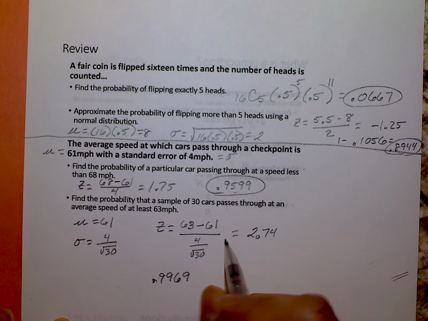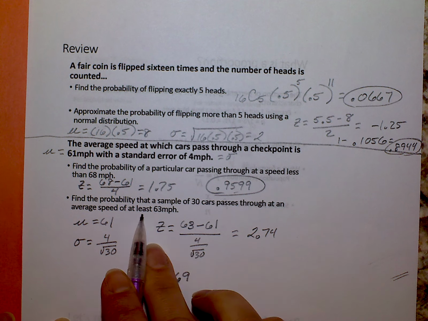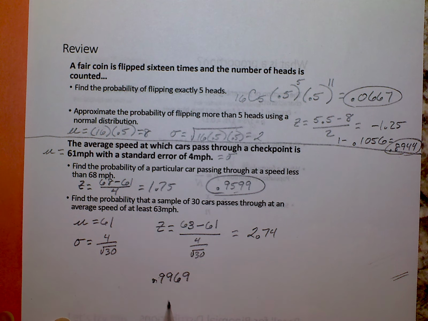At least 63 miles per hour means I'm going to the right, so I need to take 1 minus that. That's 0.0031. There you go.